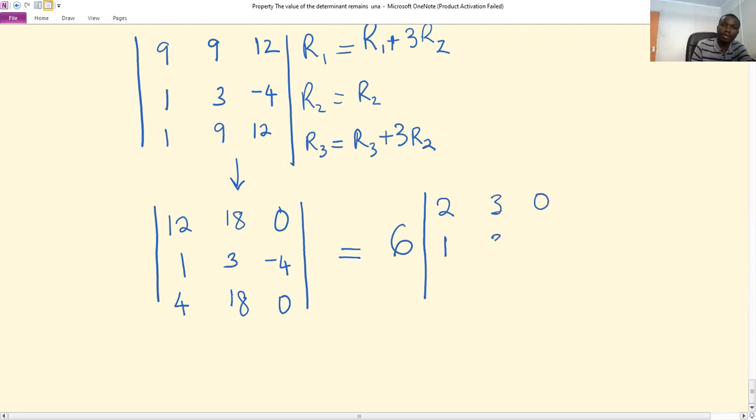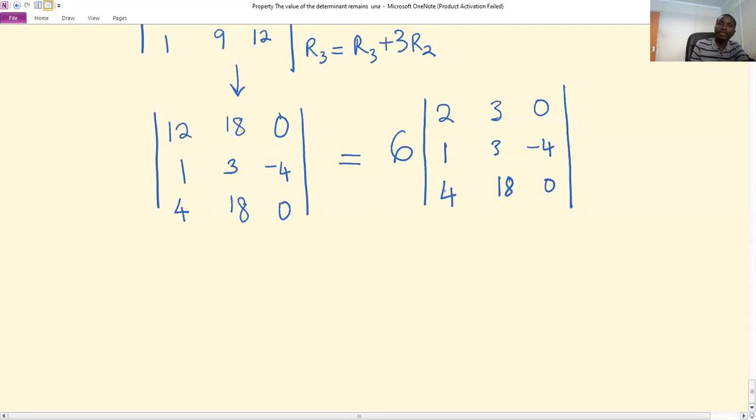Then 1, 3, minus 4. And the third row becomes 4, 18, 0.